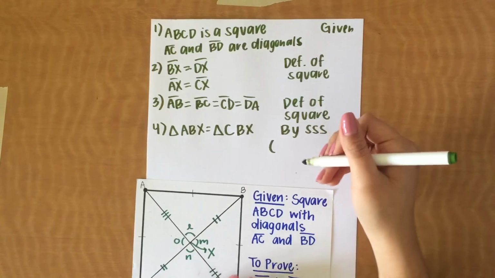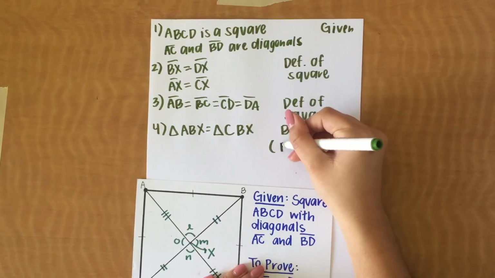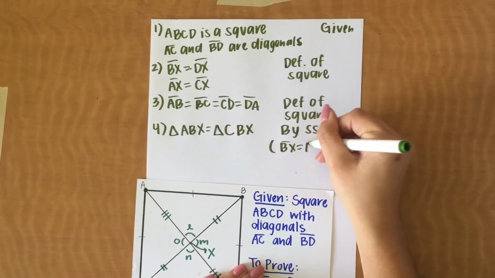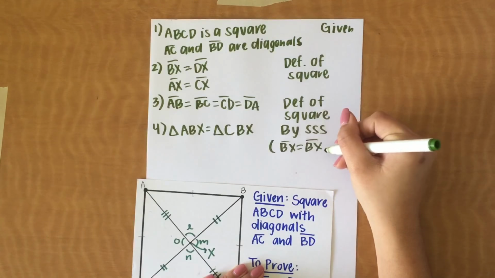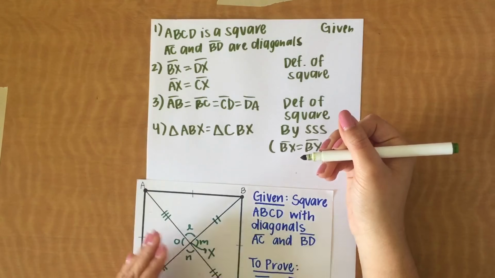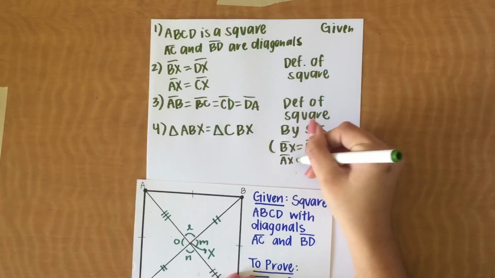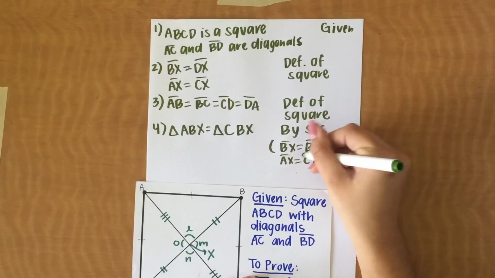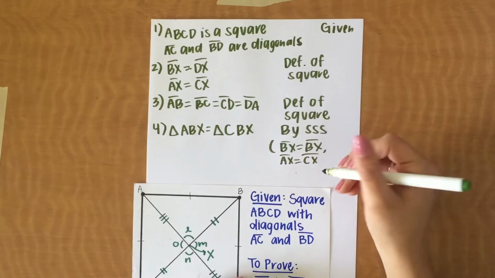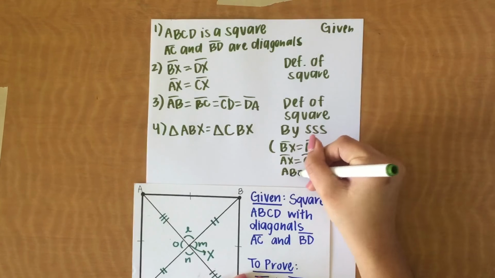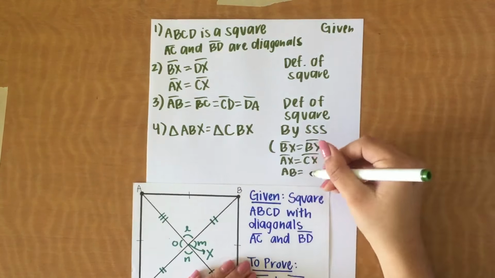Let's write down the sides that are congruent. We know that BX is equal to BX. We know that AX is congruent to CX. And we know that AB is equal to BC.